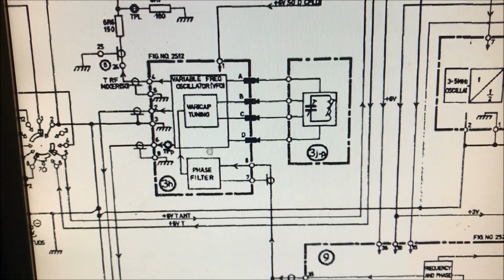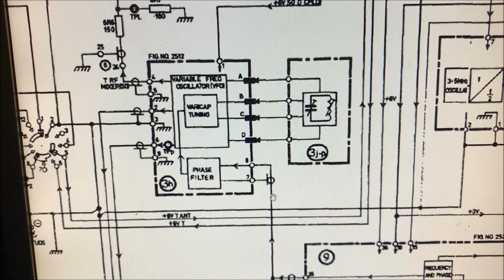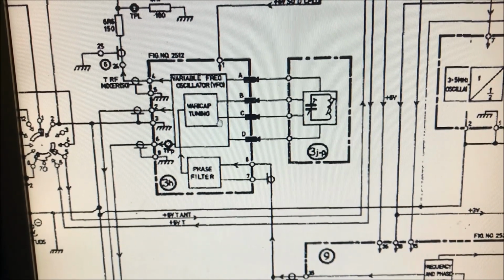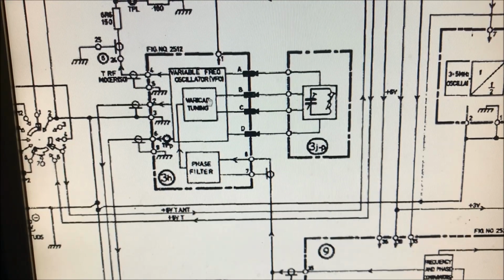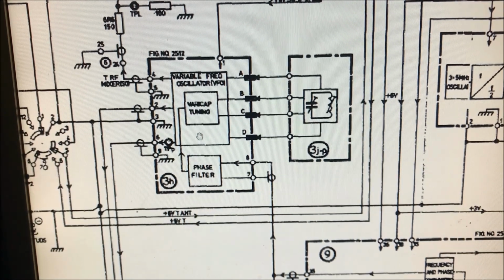In the 3H board on the turret, there's the variable frequency oscillator. So depending on the voltage that's applied by the synthesizer to the 3H board, we get a frequency generated out of the variable frequency oscillator, and this is the main frequency for transmission and receiving.